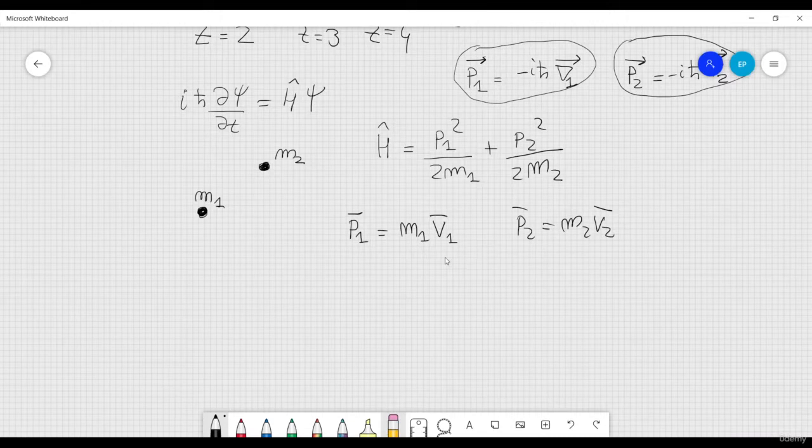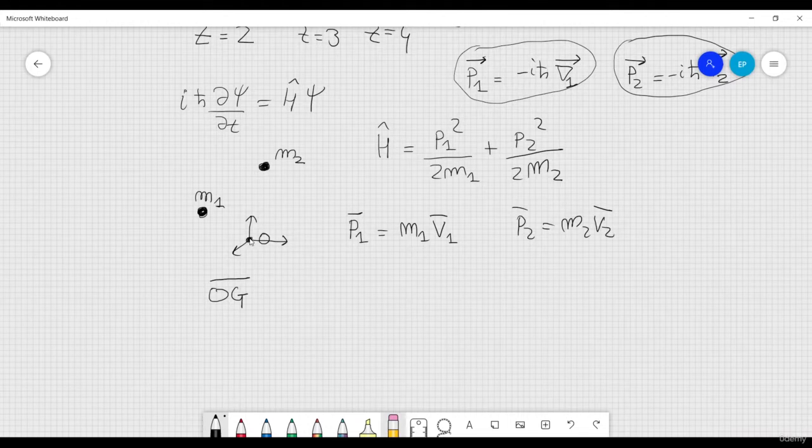And we also know that in a system made up of two particles, we can calculate a center of mass, where the center of mass is defined like this. Let's assume that here I have an origin of a reference frame, and I'm observing from this reference frame.